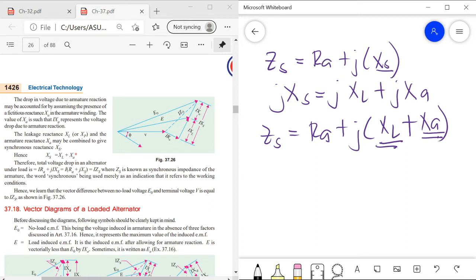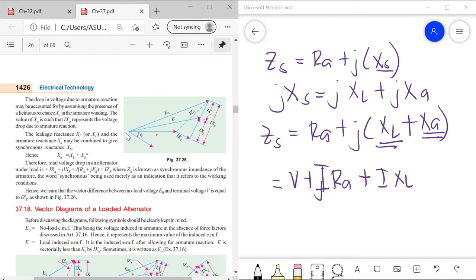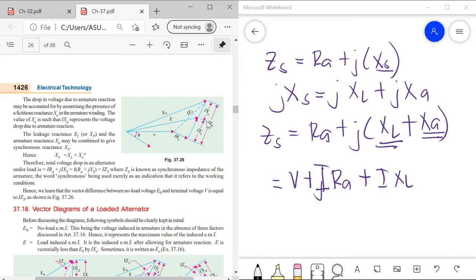If we add this to the terminal voltage V, plus the drop IRA plus IjXL, it is equal to this voltage E.